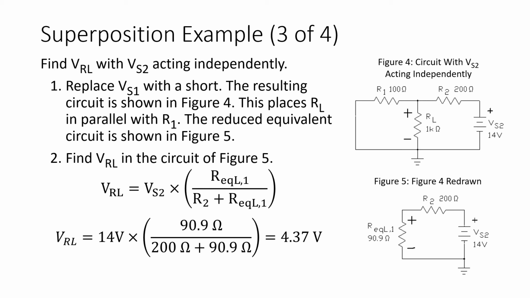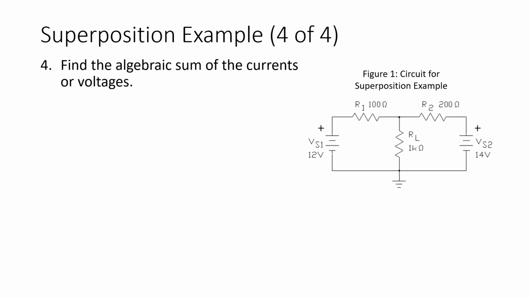So the last step is to find the algebraic sum of the currents or voltages that we've determined with VS1 acting independently and VS2 acting independently. And again, both of these voltages were positive to negative, with VS1 acting alone and positive to negative with VS2 acting alone.